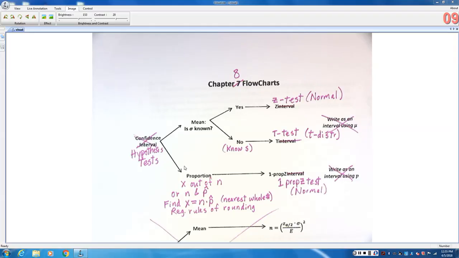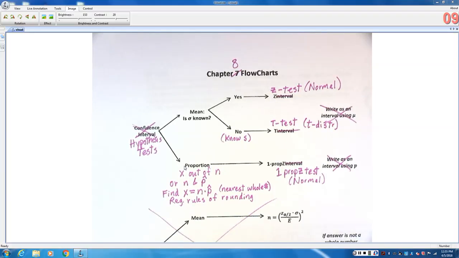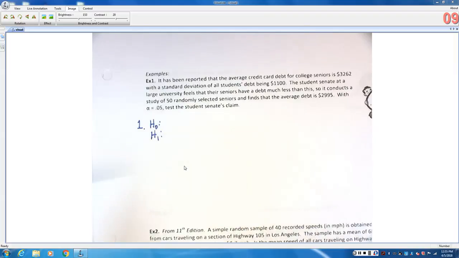You want to know the overview. What do I really need to know? This is it. And it works just like Chapter 7, except now we're going to do those test commands in your calculator that you wondered about. This is posted, and we talked about it last time.